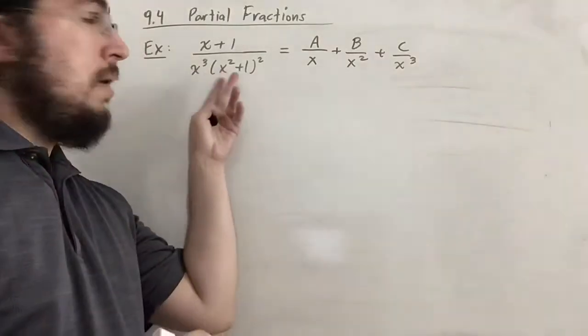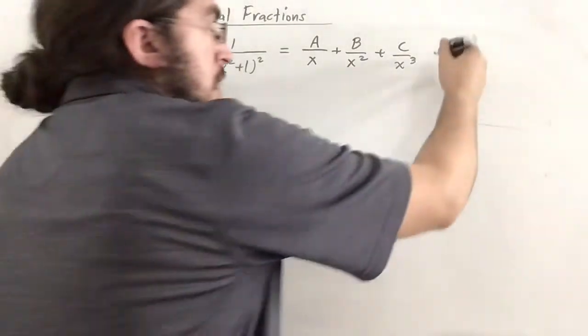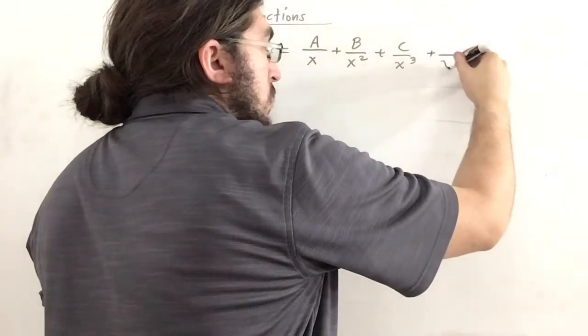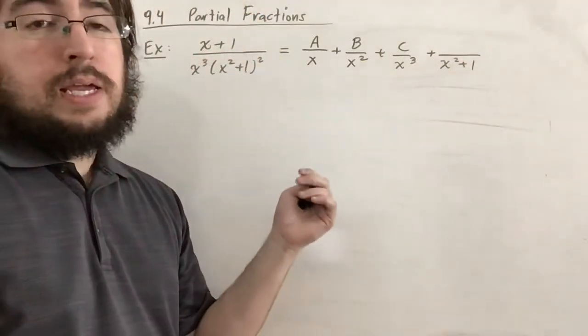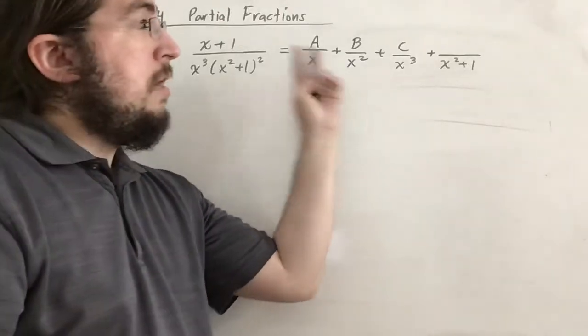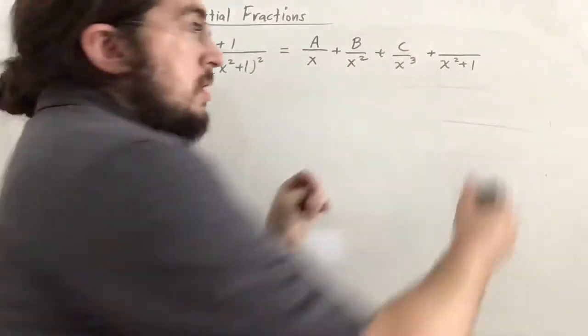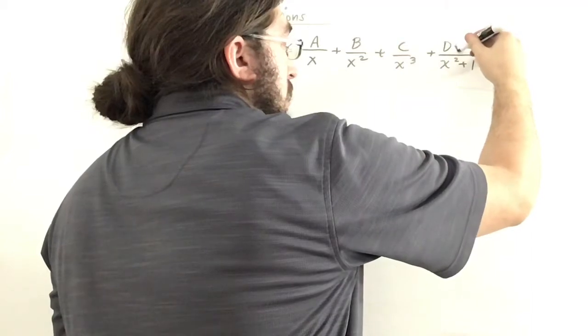Perfect. And now on to the next factor, x squared plus 1. Recall that for the irreducible quadratic x squared plus something, its numerator must be something times x plus something. We're at a, b, c, d, so it's going to be dx plus e, I guess.